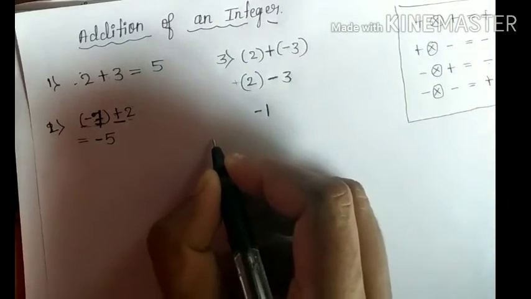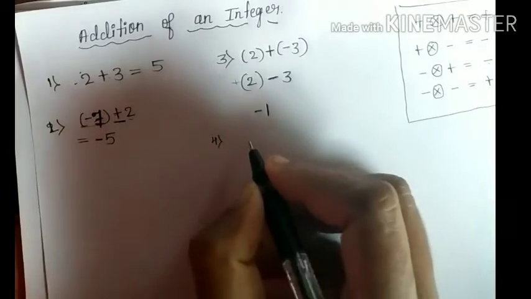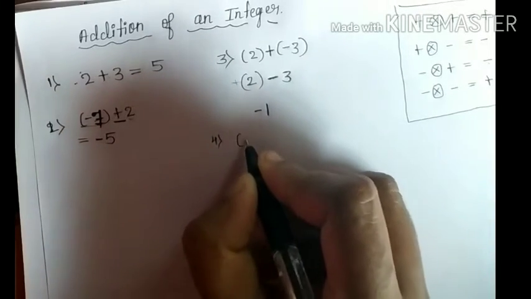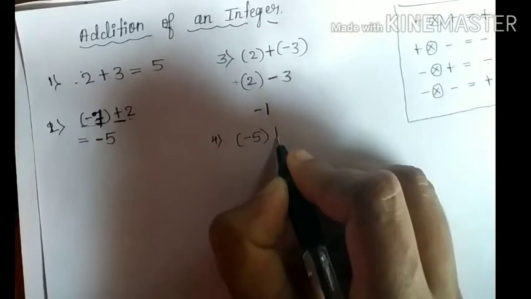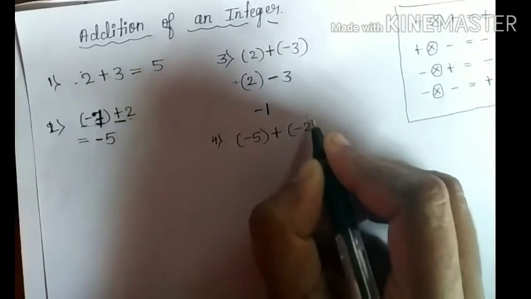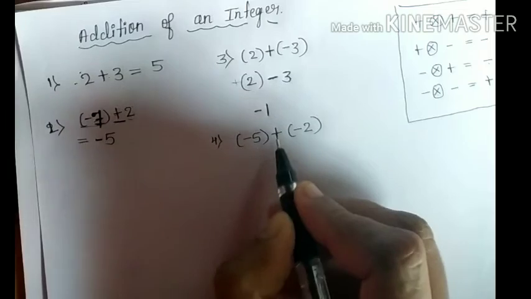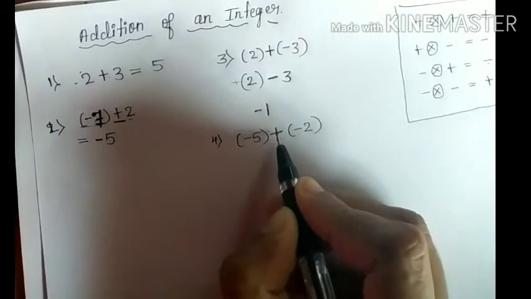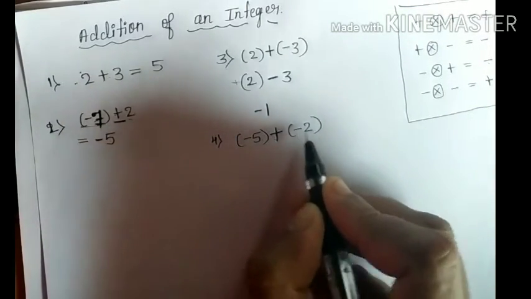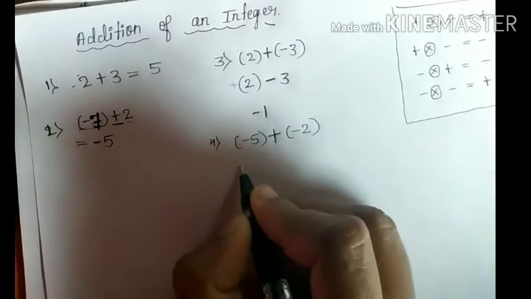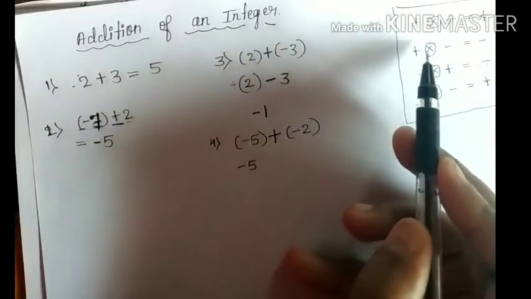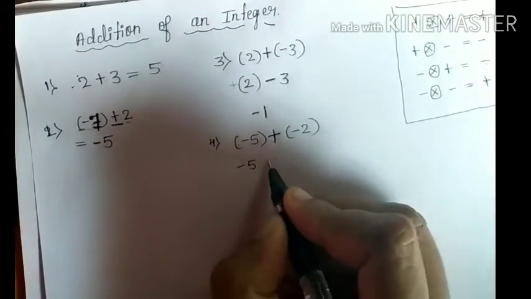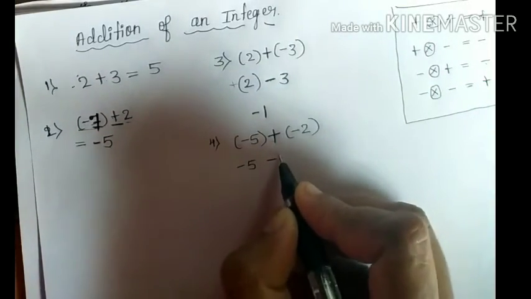Next, fourth one, I will take both minus sign numbers, minus 5, then plus of minus 2, because this is addition. I will take the addition sign here, and both are negative numbers. Minus 5 as it is you have to write. Plus minus, what is this? Plus and minus, minus 2.